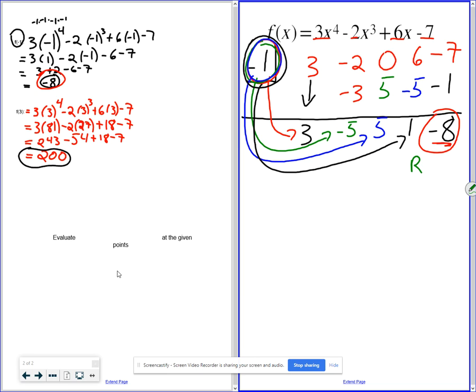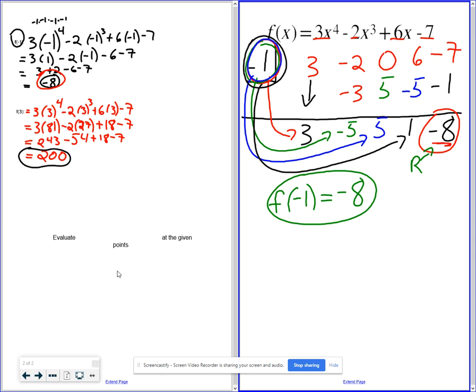If you remember from yesterday, the term on our far right is the remainder. So this -8 is going to be the solution. And we got that by using synthetic substitution instead of just plugging it in for our x's.